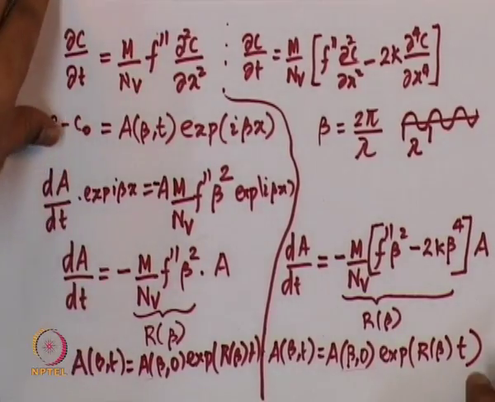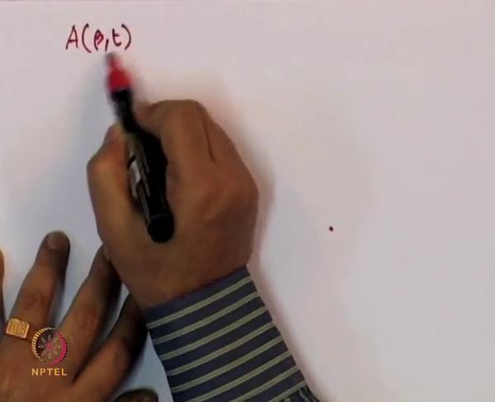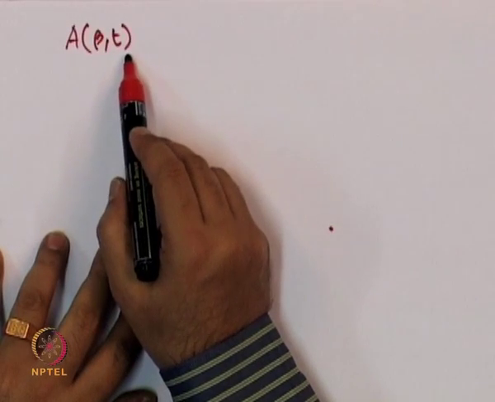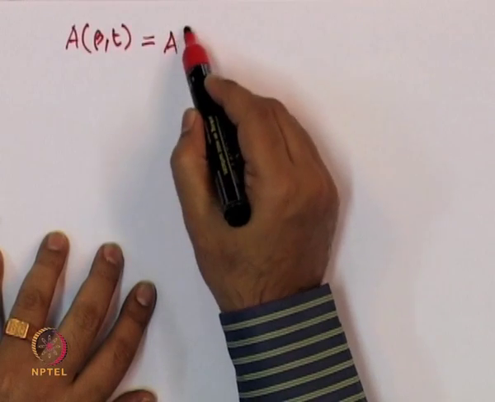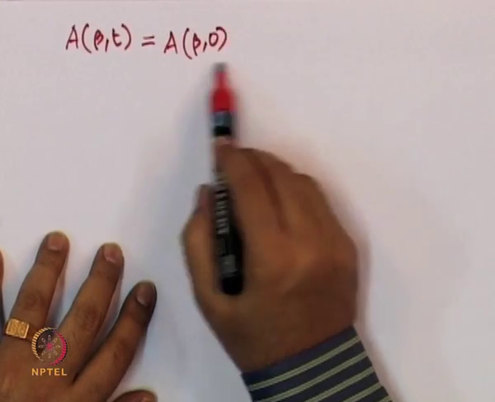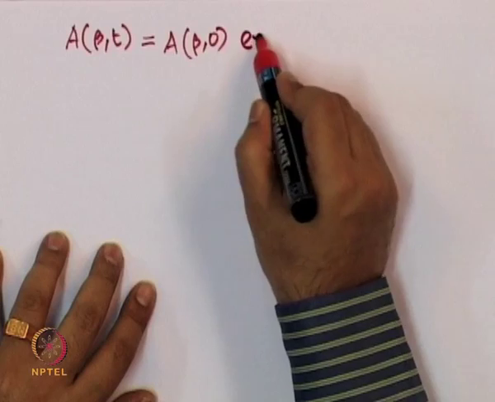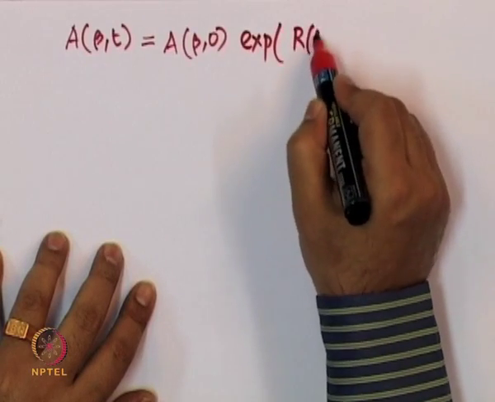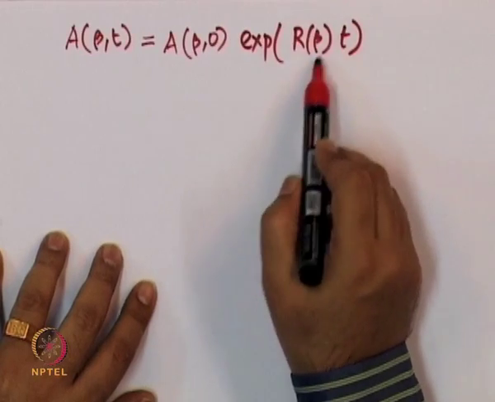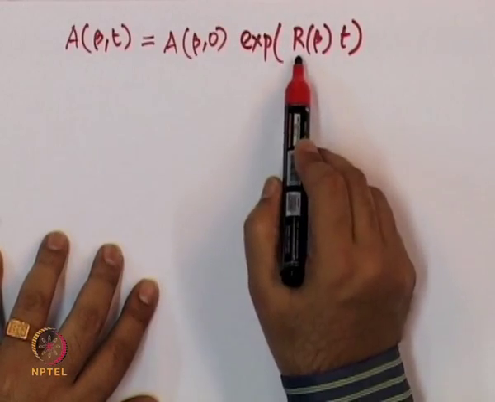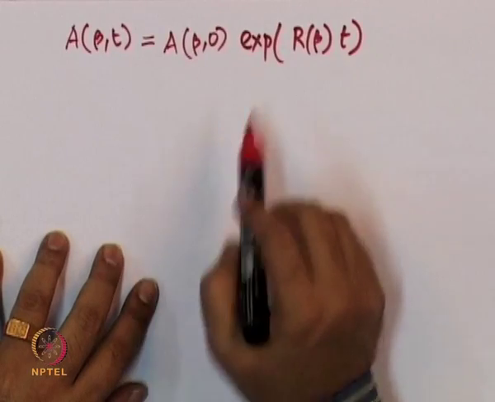Now, let this be the starting point for further analysis. Let me write down A of beta comma t, that is the amplitude of the sinusoidal variation that we have put, and how it is changing with time. It is nothing but A of beta comma 0, the amplitude at time 0, times exponential of R of beta multiplying t. With time, if R of beta is positive, this is going to grow; if R of beta is negative, this is going to decrease.